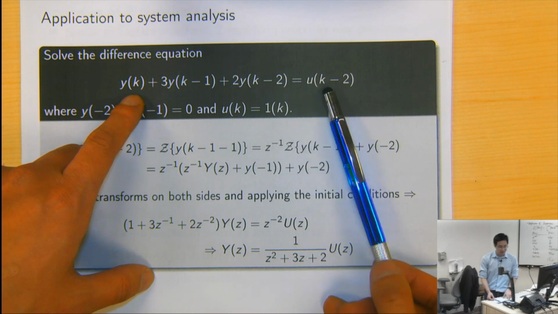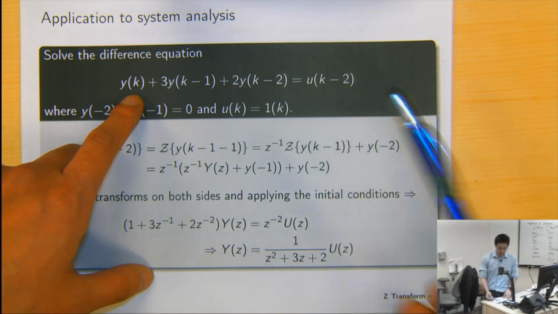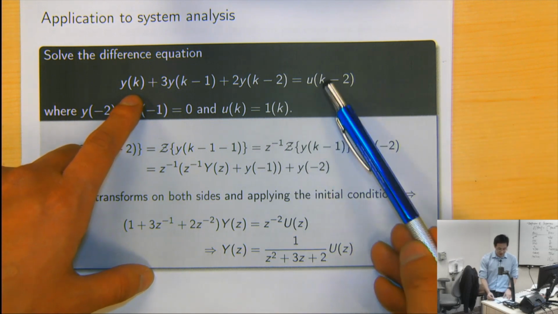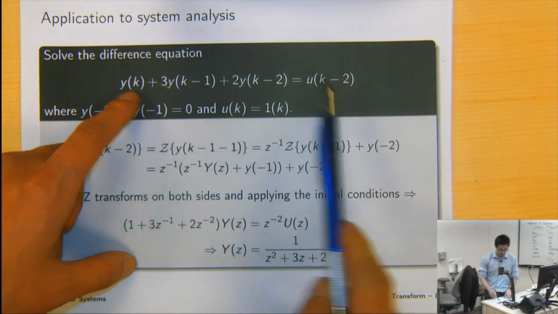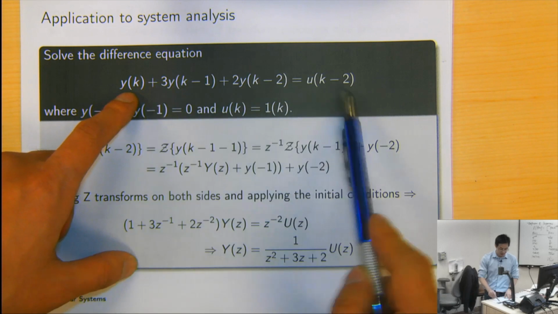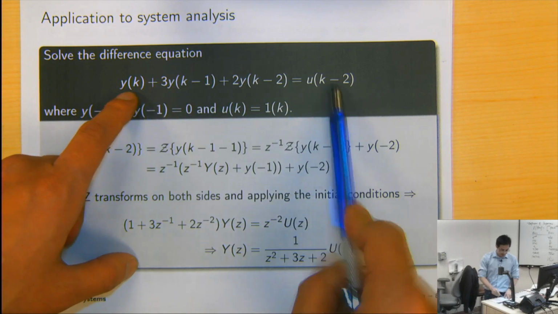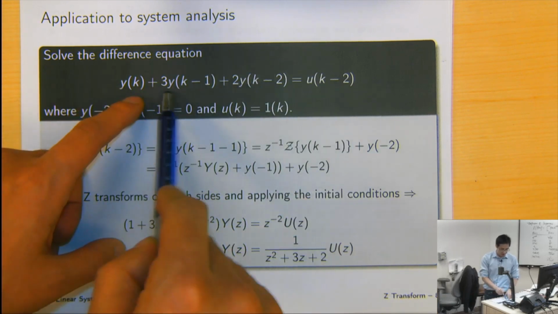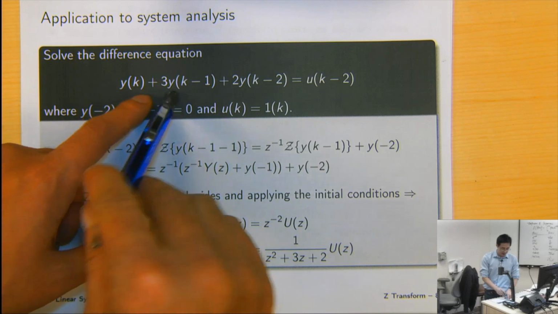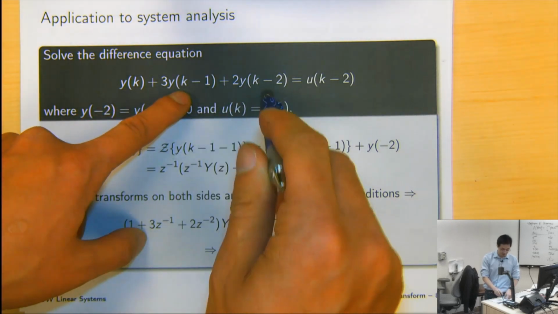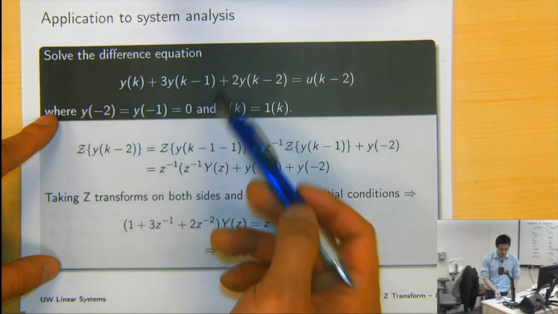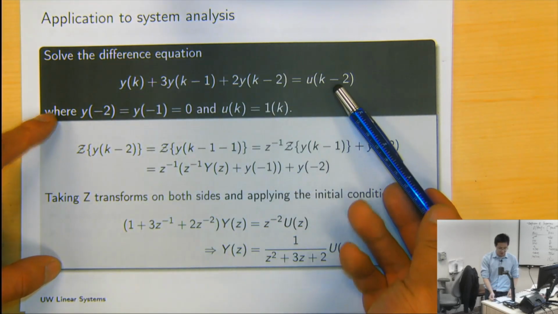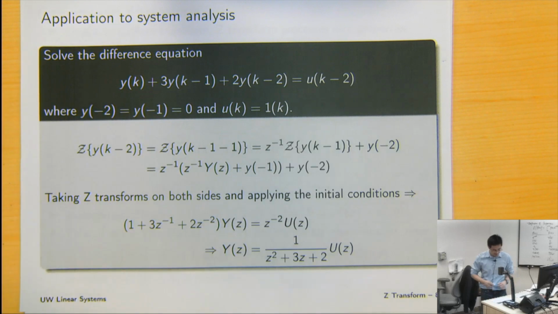So after the input is applied to the system, there are some delays, and what I can impact is something in the future. So that's this k and k minus 2. So the output also depends on the output in the past as well. So we have y k dependent on the previous outputs and the inputs 2 steps back.